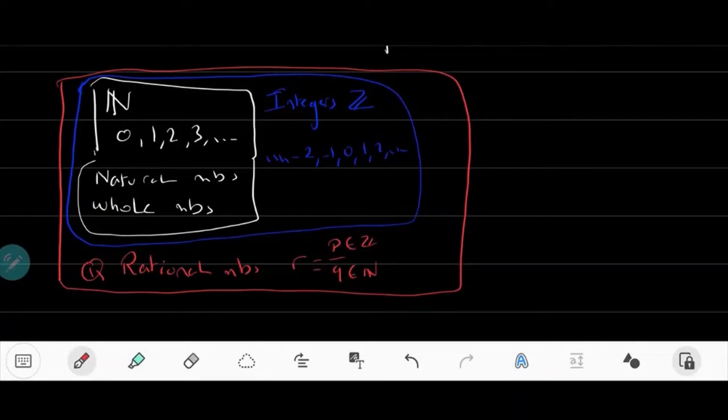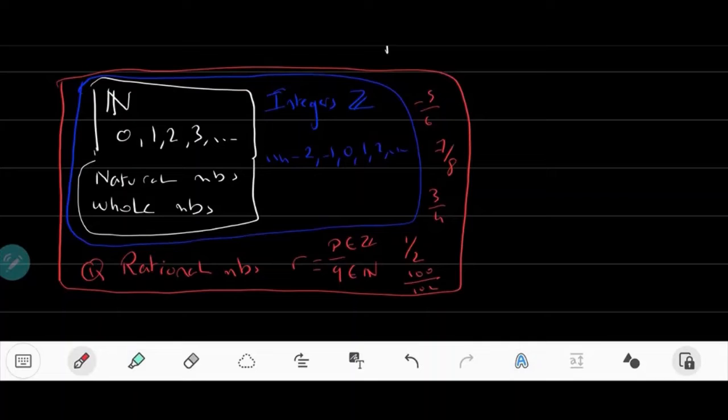So it's practically all the numbers such as 1 over 2, 3 over 4, -5 over 6, 7 over 8, 100 over 102, whatever. Okay, so these are the rational numbers, and as a conclusion, they represent what?